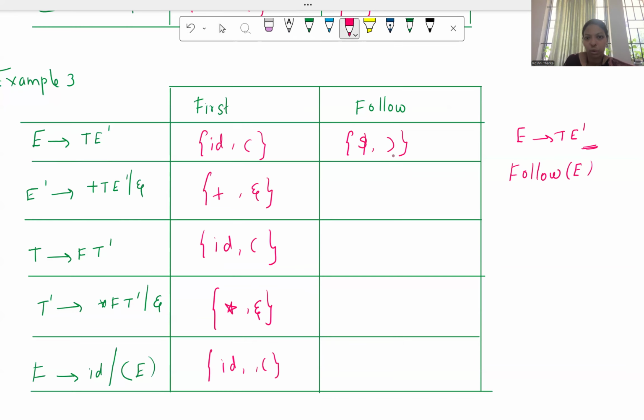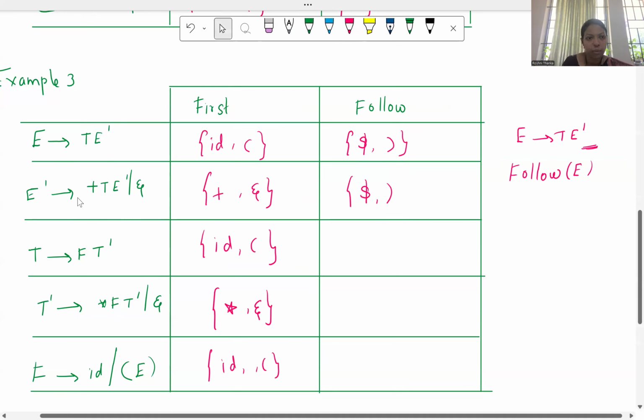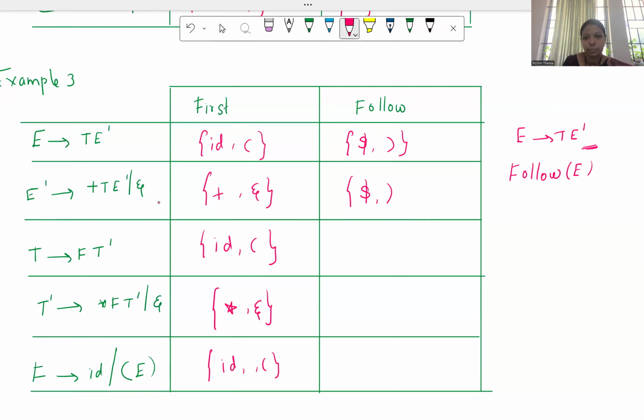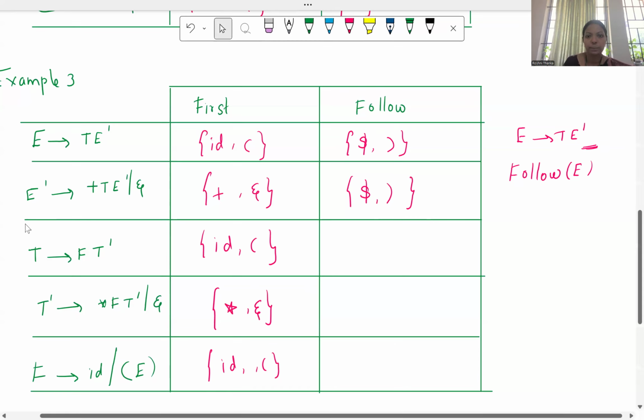Follow of E is dollar and close parenthesis, right? So one is over. And here also we have another E dash. Followed by E dash, nothing is there. So you have to find the follow of E dash. Again, the same thing only, right? That's it, because that's what we are finding.